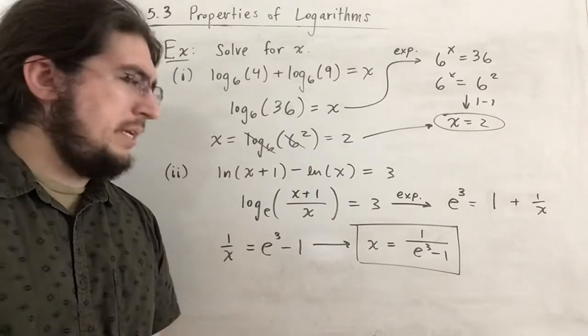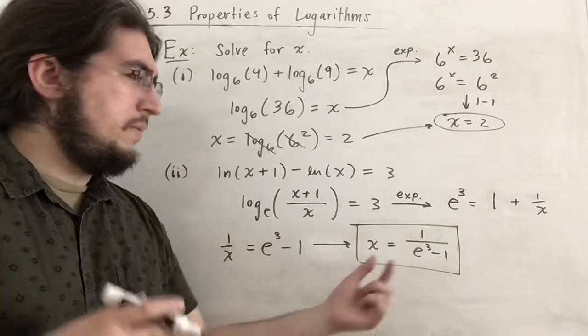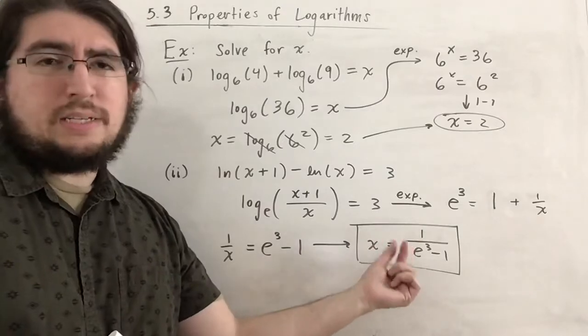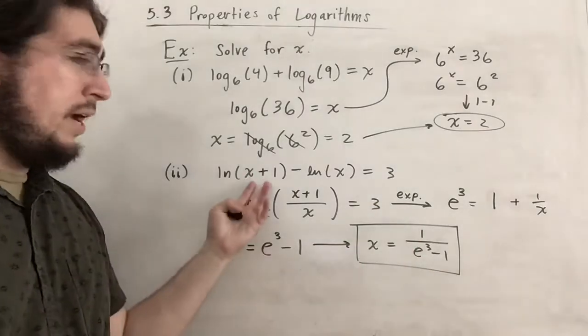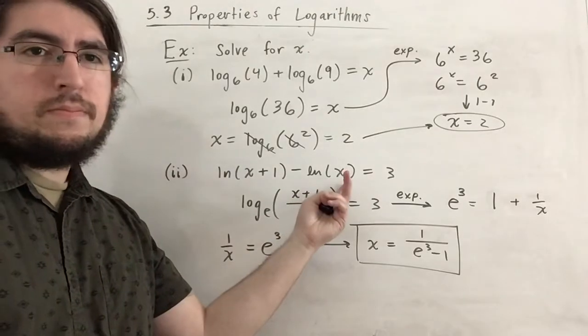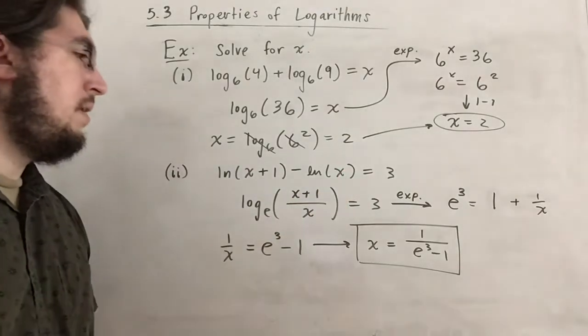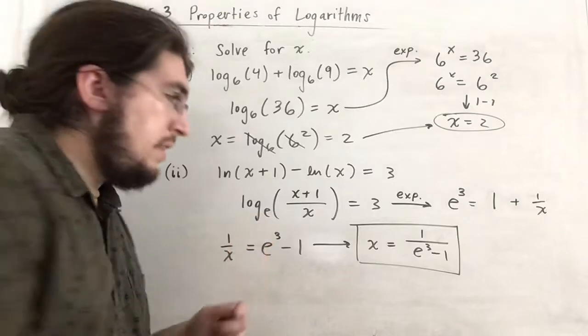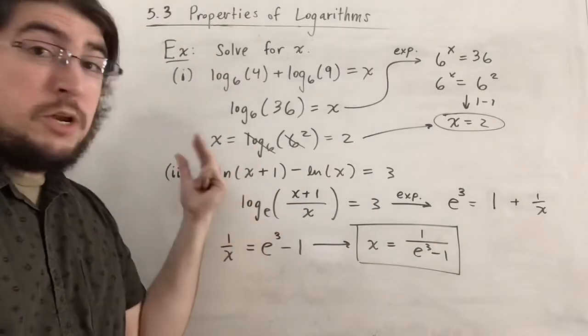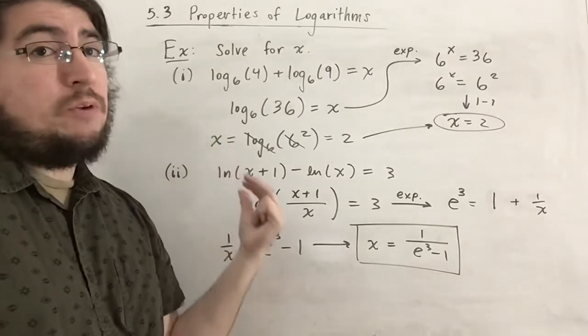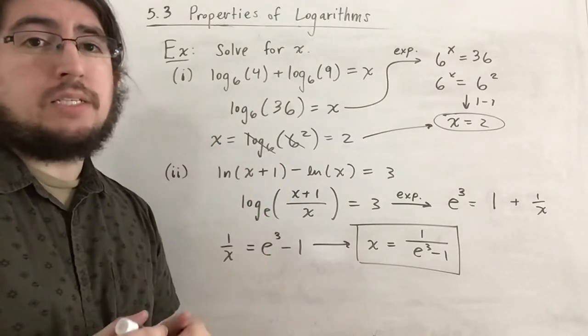It's like 20 something, like 24. I forget the number. It doesn't really matter. The point is it's positive. When you subtract 1, it's still positive. Reciprocal, that's still positive. When you add it to 1, it's still positive. And when you just leave it alone, it's still positive. But you have to be careful in general that you can plug your solution back into your original equation. And if you have a negative inside, it's an extraneous solution right away.